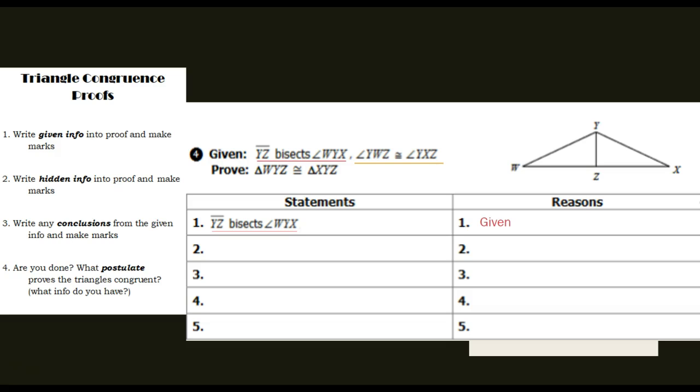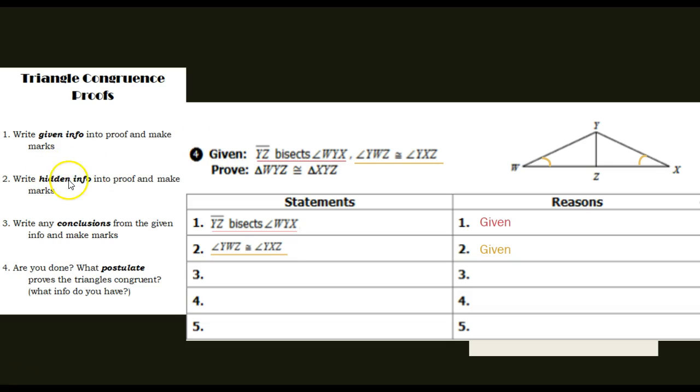It'll tell us that that big angle, WYX, is cut in half. So second piece of information is that this angle is congruent to this angle. We're going to write it inside the proof and give our reason.